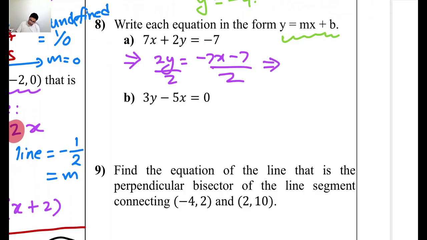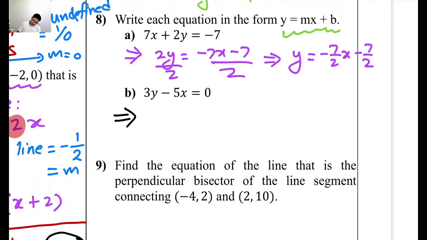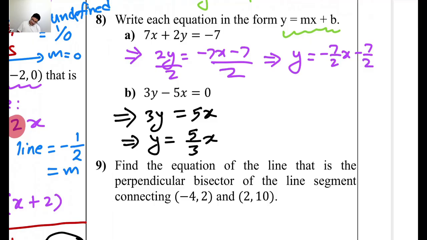That will give you y equals -7/2 x minus 7/2. Similarly, the next problem, 3y equals 5x. y will be 5/3 x plus 0 in mx plus b form.